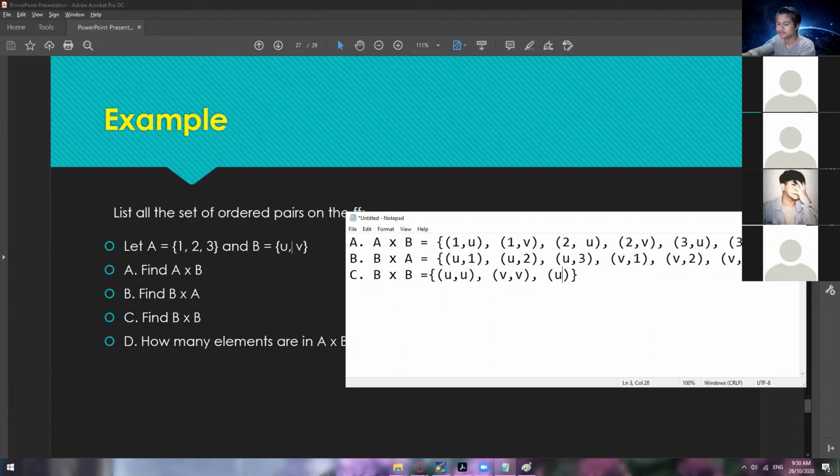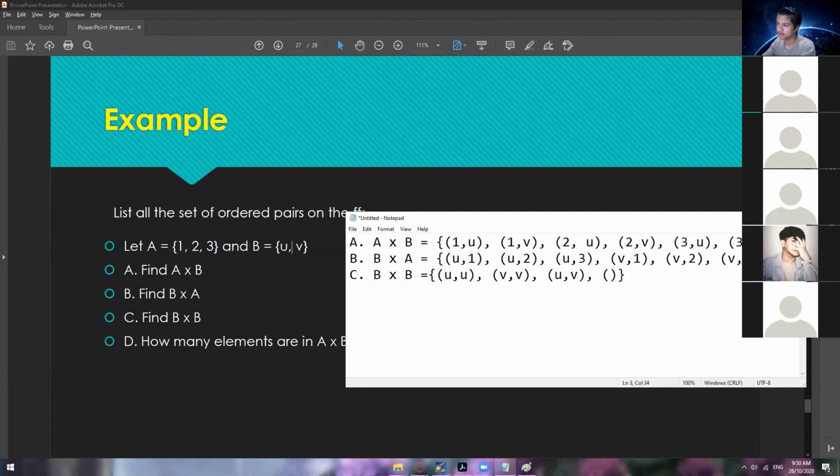UV. UV. Ano pa? VU. Last one is VU. Okay? So, multiply nyo lang yung sarili niya. UU, UV, VU, saka VV. Okay, ganun yung tamang arrangement kung sakali.